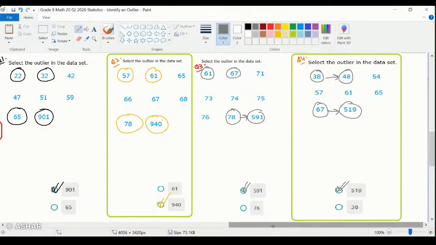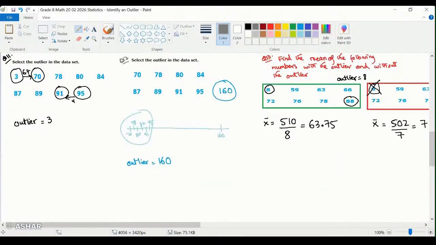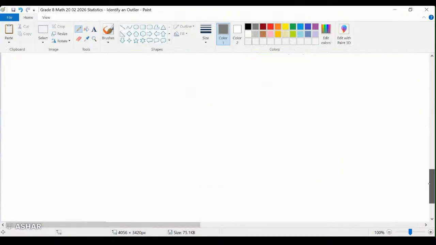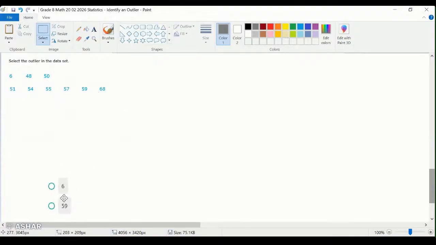Okay. So question number 5 from the test would tell us this information. Select an outlier from the data set provided to us. So which number should be an outlier in this given information? 6 or 59, because 6 and 59 are the extreme values.